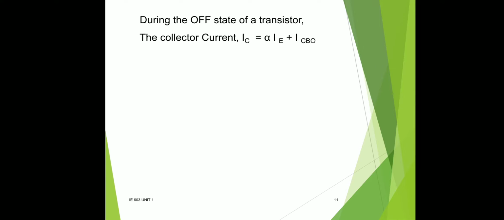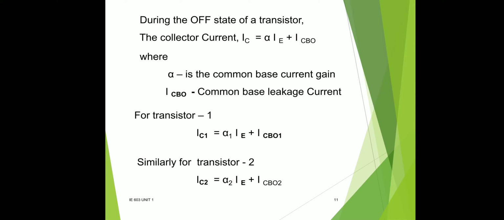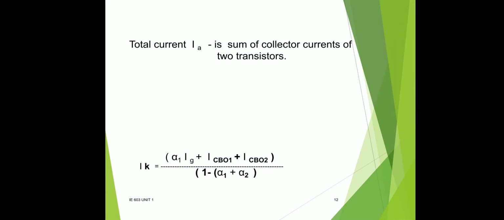During the off state of a transistor, the collector current IC equals alpha times IE plus ICBO, where alpha is the common base current gain factor and ICBO is the reverse common base leakage current. For transistor 1, IC1 equals alpha 1 IE plus ICBO1, and for transistor 2, the collector current IC2 equals alpha 2 IE plus ICBO2.